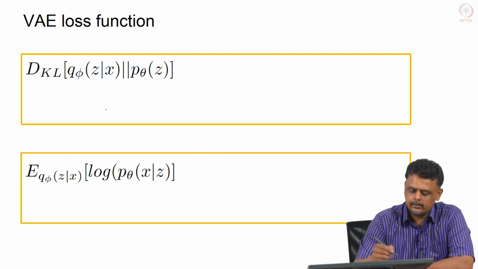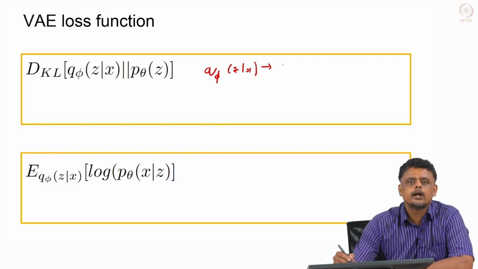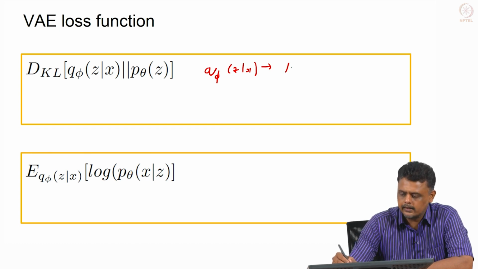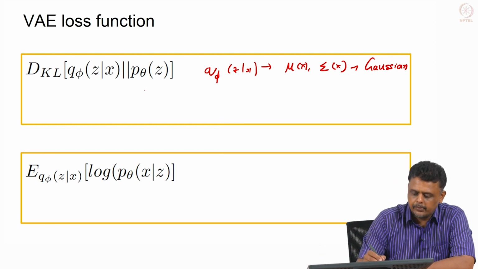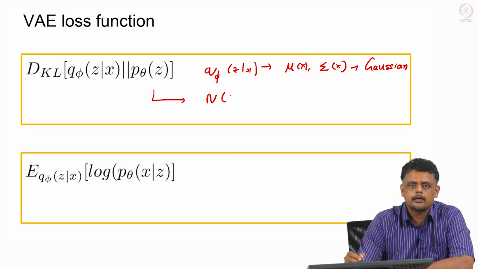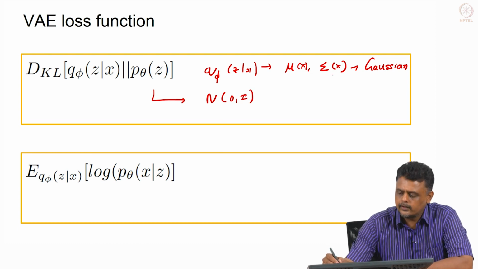So, as I had said earlier, q phi of z given x is the output of the encoder, and we have modeled it as Gaussian. So, you will get a mu and sigma corresponding to a Gaussian, right. p theta of z is another Gaussian, right, with 0 mean and unit standard deviation. Okay. Again, if you look at the covariance matrix, it is constrained to be diagonal.